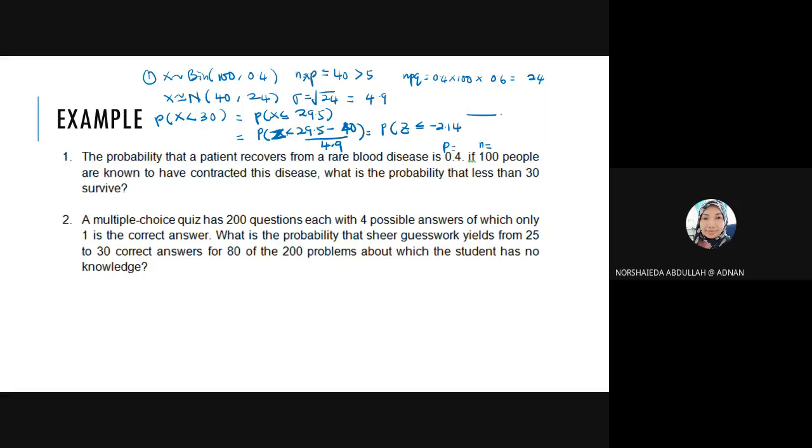Sorry, negative here. Negative 2.14. Okay, so after that, use the normal distribution table. From the table, we will get the probability equal to 0.01618. Okay, so this is the probability.